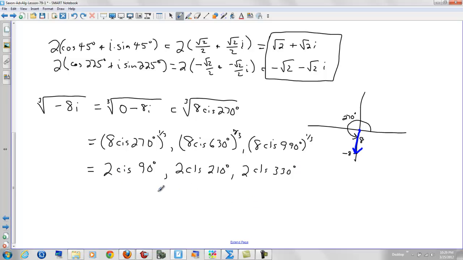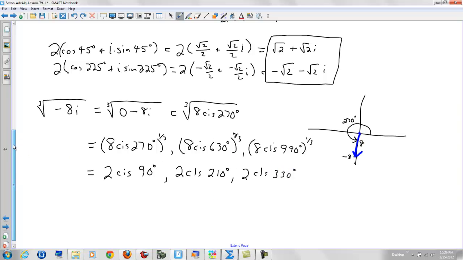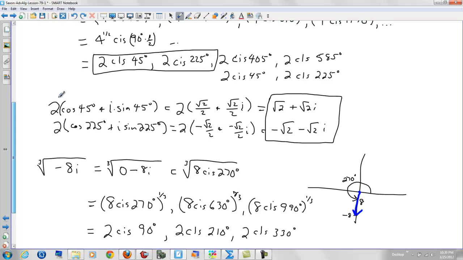So one thing you may notice as you do these is that there's a common separation between the angles. 90 to 210 is 120 degrees, and 210 to 330 is also 120 degrees. And if you look up here, 45 to 225 is 180 degrees.